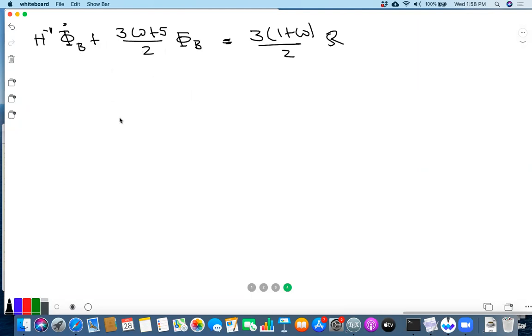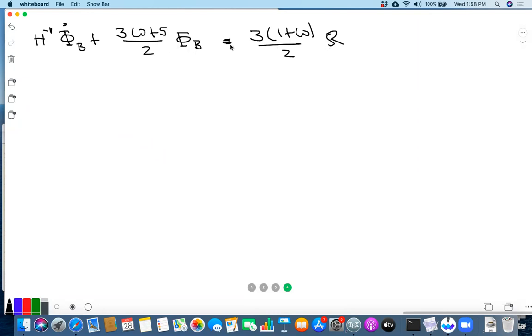Phi b you can think of as the velocity of the particle, so phi b dot is its derivative. The second term is proportional to the velocity, and it acts in the opposite direction because there is a plus sign, so it's like a friction. And this is like the constant force that is applied to the particle.